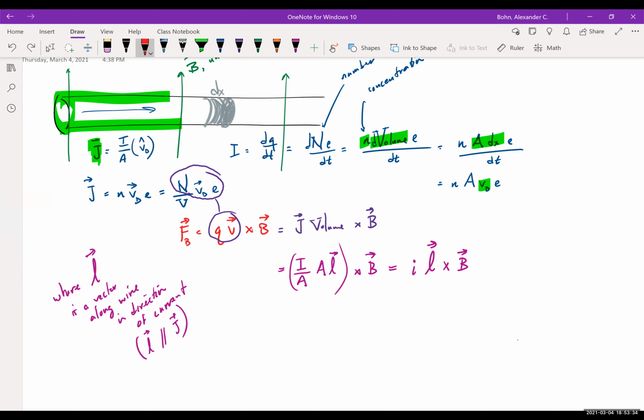So I want to go back and think about the current density. The current, I, is this whole expression: little n, capital A, drift velocity, charge on an electron.